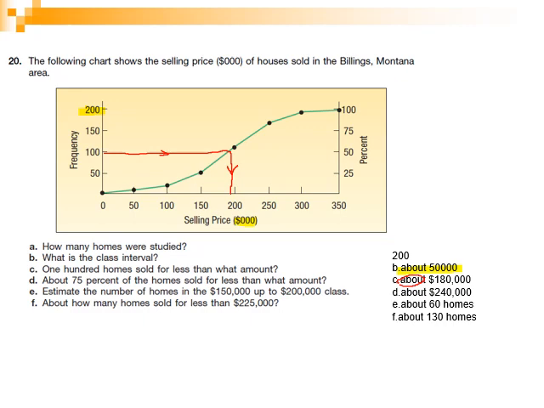Part D: about 75% of homes sold for less than what amount? Again, we have the information about the 75% of houses on the vertical axis.